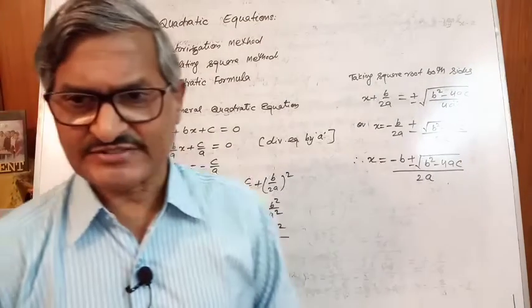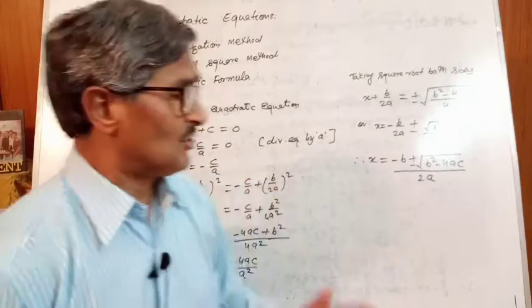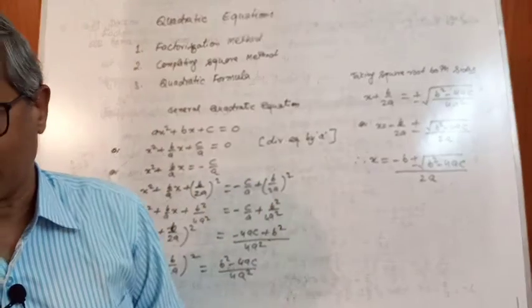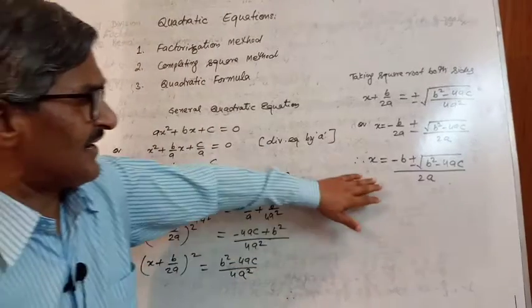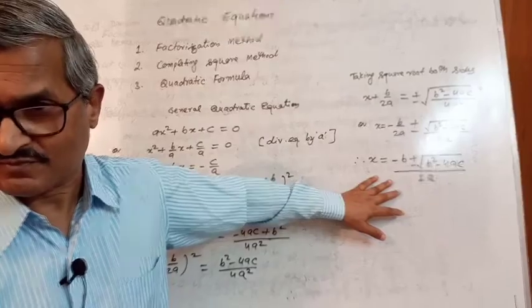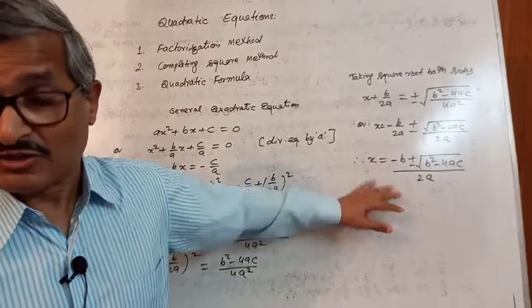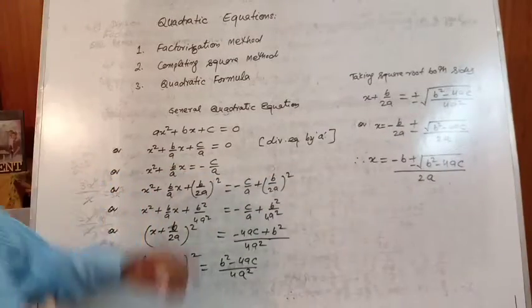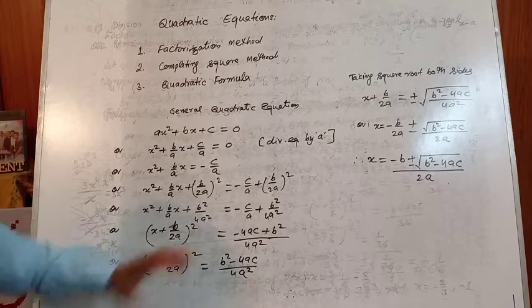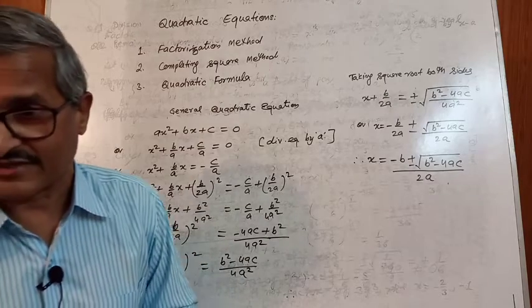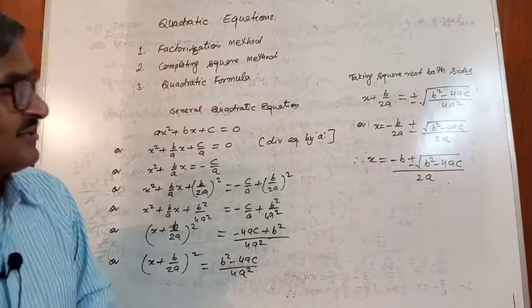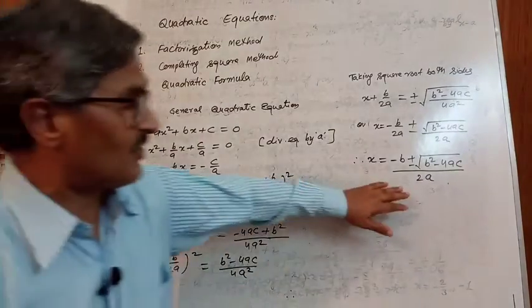Now, if the question does not say to use the completing square method, you can directly use this formula. If it is told to use the completing square method, then you have to go through the process of how completing the square is done. If it is not given, then we can solve with this formula directly.